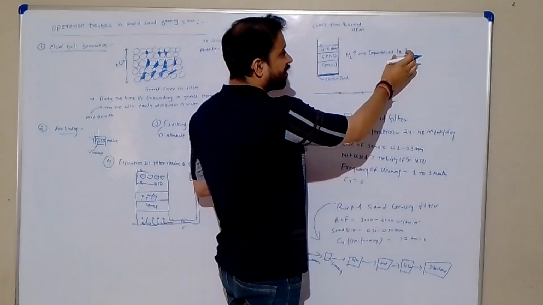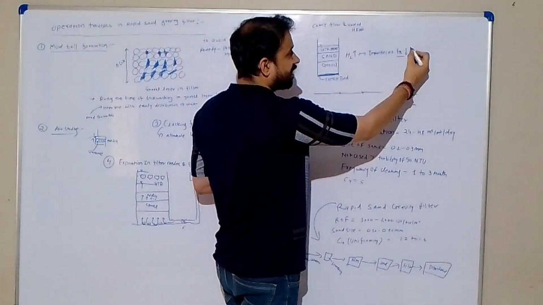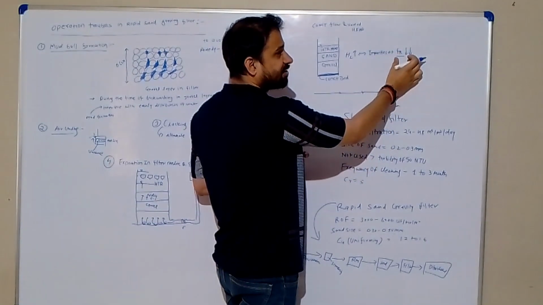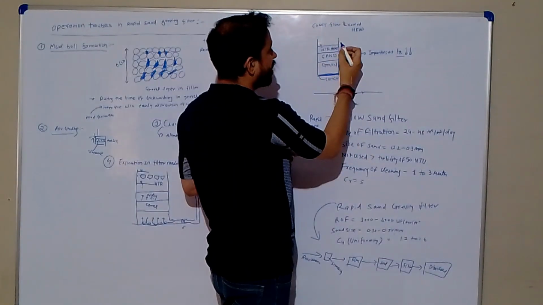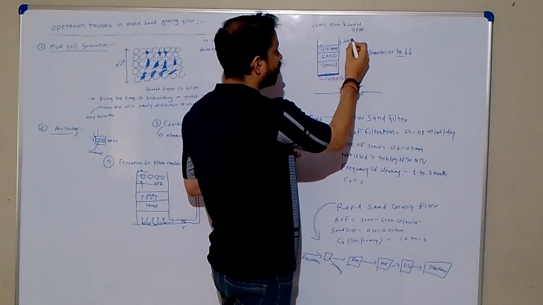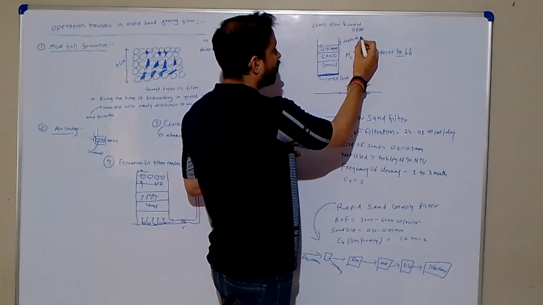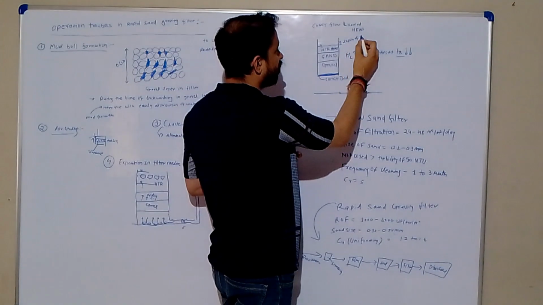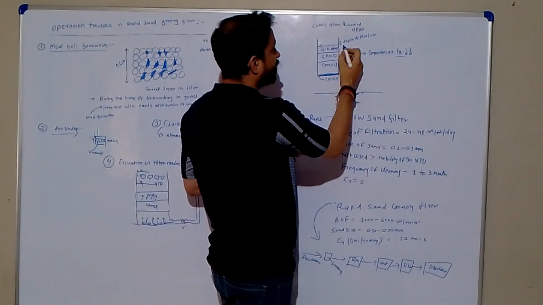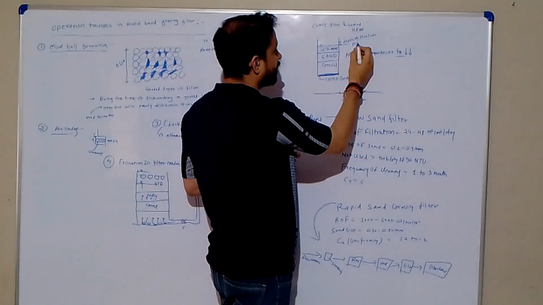To achieve a constant rate of flow, since the rate of filtration is decreasing, we provide a certain depth of water over a pre-selected head.